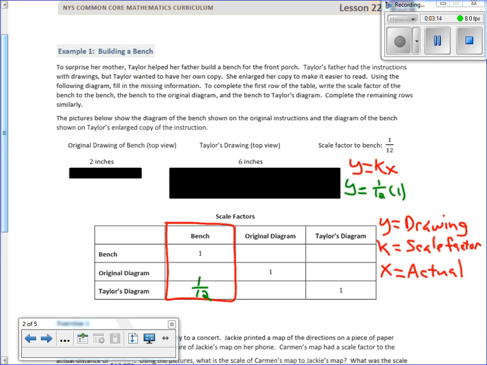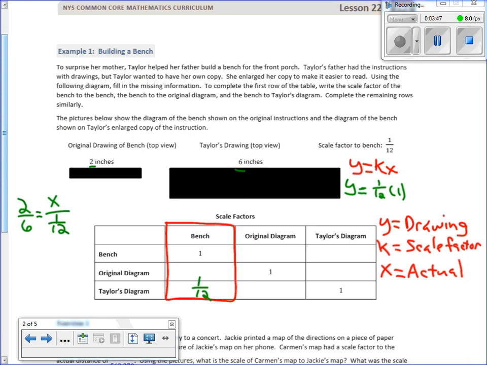But we're going from Taylor's diagram back to the original. And if I set it up this way, if I say 2 is to 6, right? 2 inches is to 6 inches. That would be putting the original drawing on top and Taylor's drawing on the bottom. Would be equal to something, let's call it x here, over 1/12. Okay?